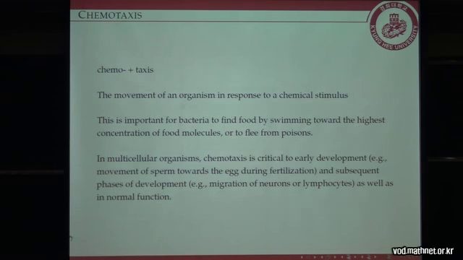Actually, this phenomenon is really important. Bacteria need to find food, right? Without food, this microscopic cell will die, right? Actually, this is really important because the movement of sperm is also chemotaxis, right?